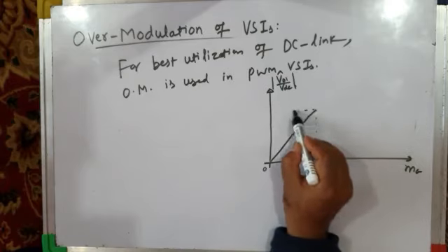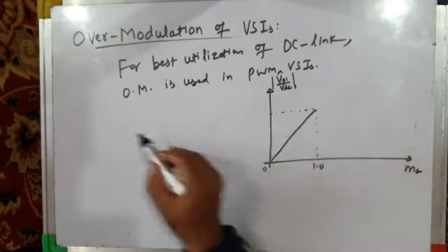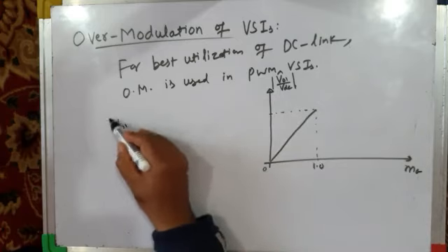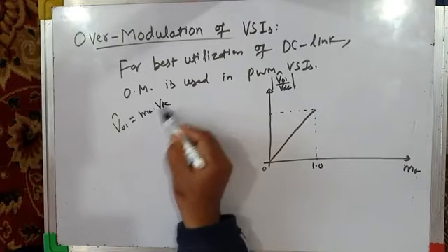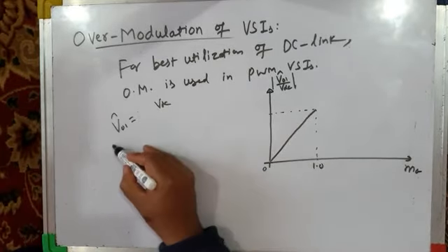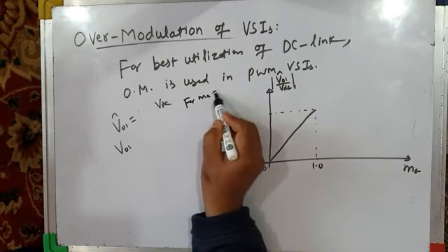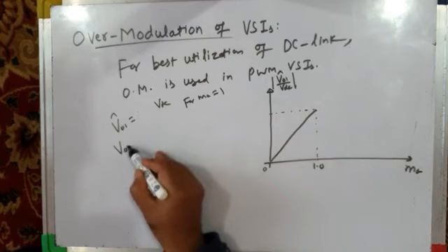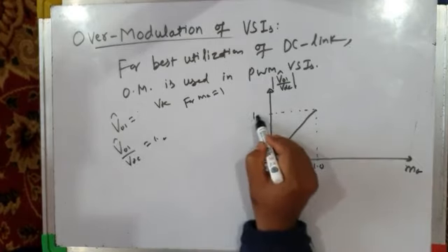We know that the peak value of the fundamental component of inverter output voltage is MA into VDC. For MA equal to 1, V01 is equal to VDC. Therefore V01 by VDC is 1.